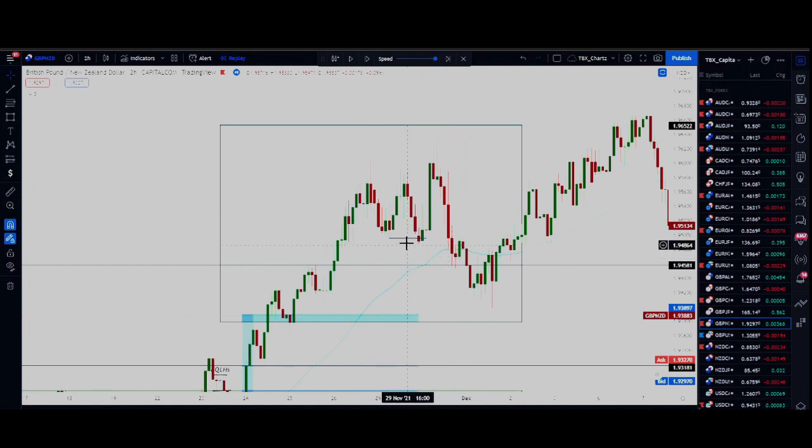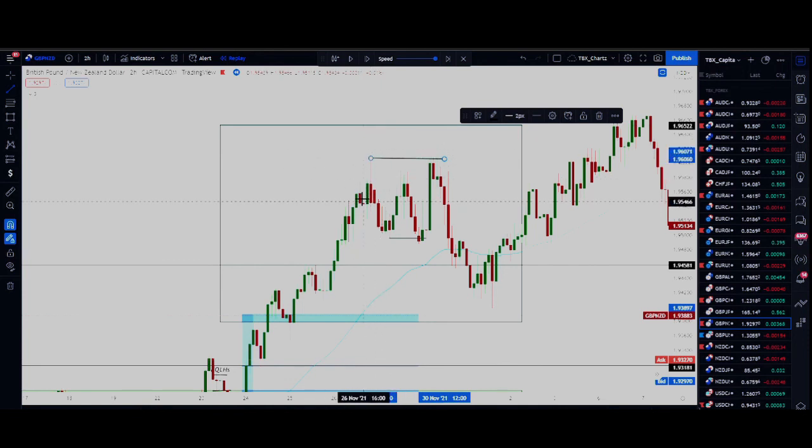So let's just imagine price didn't break below the low of this. You can see that price did something and came down. Where did price get to before it came down? It went to the first high, the last structure before the neckline.